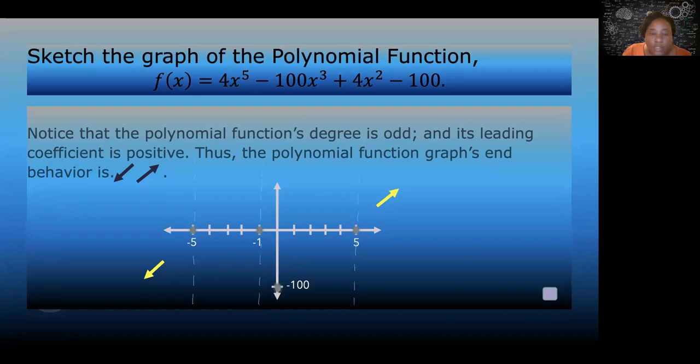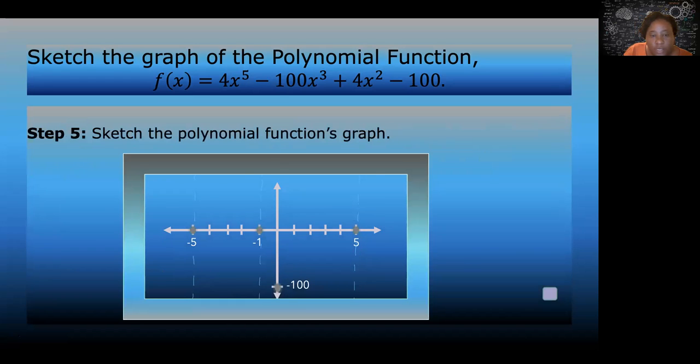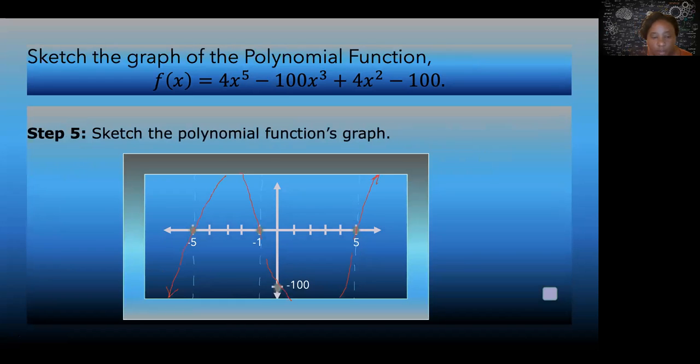So now it's time to graph this polynomial. And here we have this graph. Notice that we have the end behavior that we were looking for.